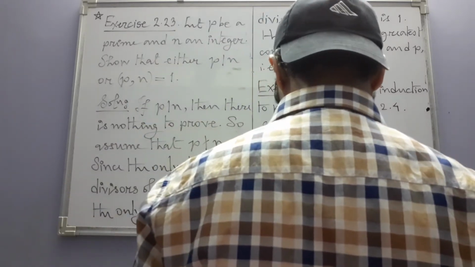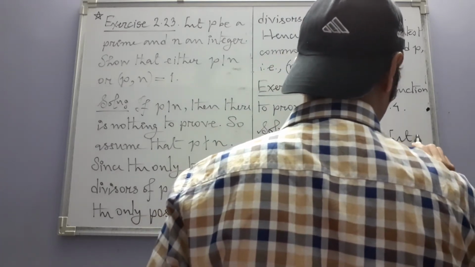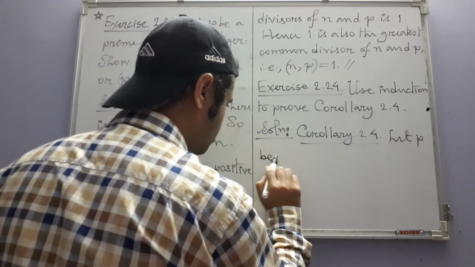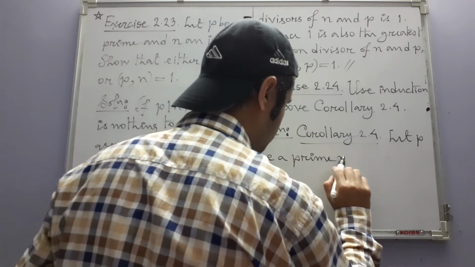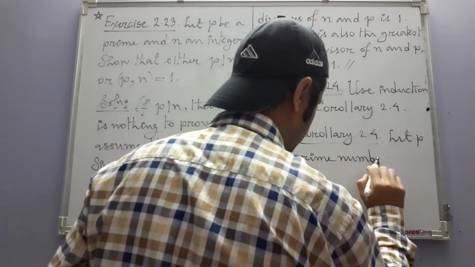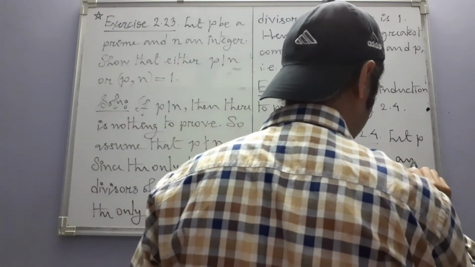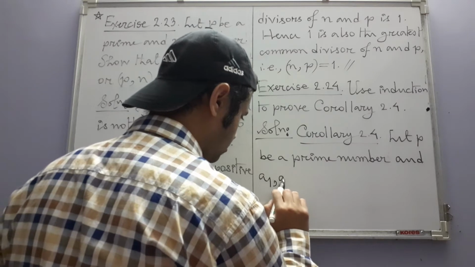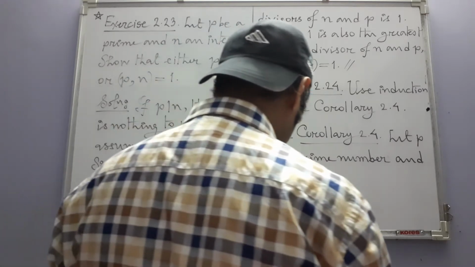Let p be a prime number, and let a1, ..., an be integers.